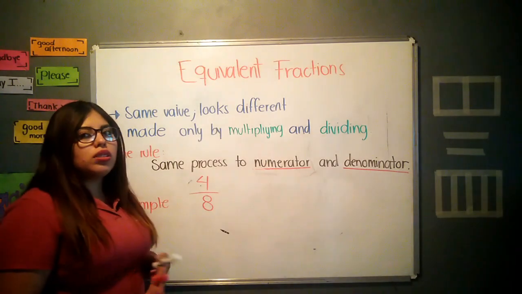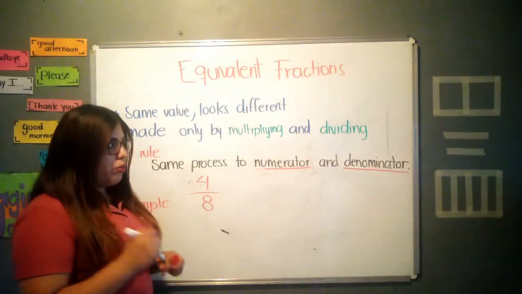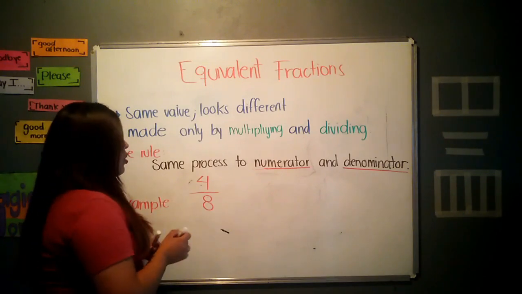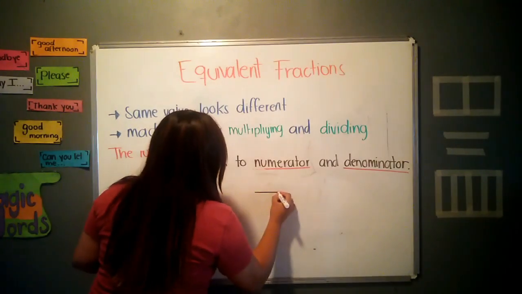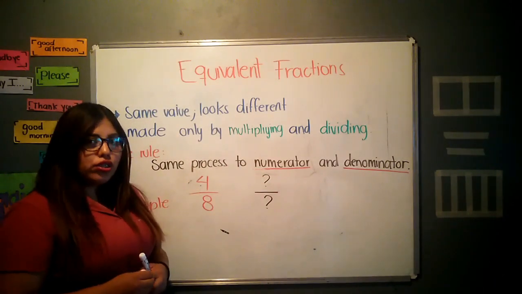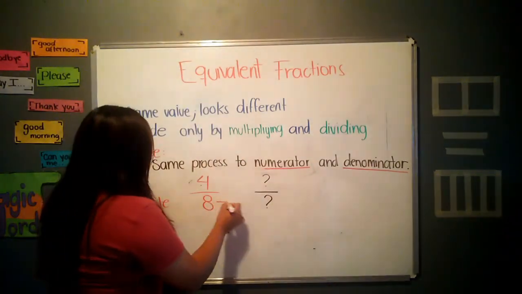And I'm gonna use the multiplying table of 2. We're gonna make it easier. So, I want to know the number that will be in here. What I have to do is multiply by 2.